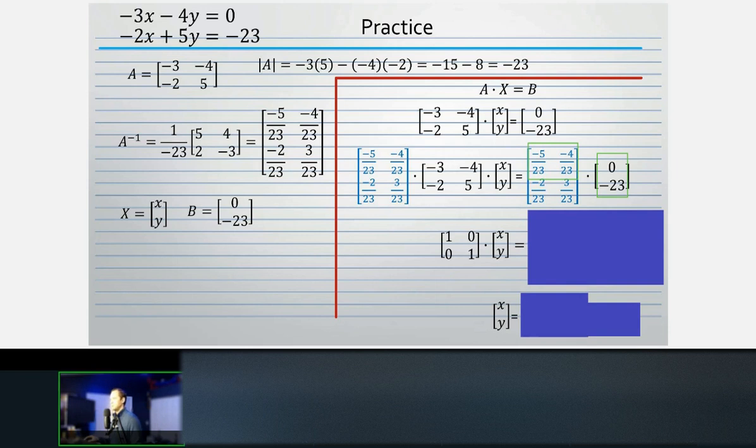By the way, your final answer for x and y will be a nice integer, no fractions. So if you solve this problem and you get to 2 nice integers, you probably did it right.